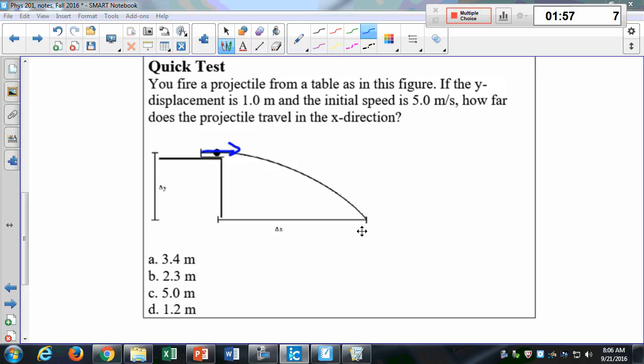You know everything you need to find that. And then once you find that time, you know the velocity it's traveling, so you can figure out the distance that it travels in that time. So two steps: you need to find the time for it to fall 1 meter, and then you need to find the distance that it travels in that time.